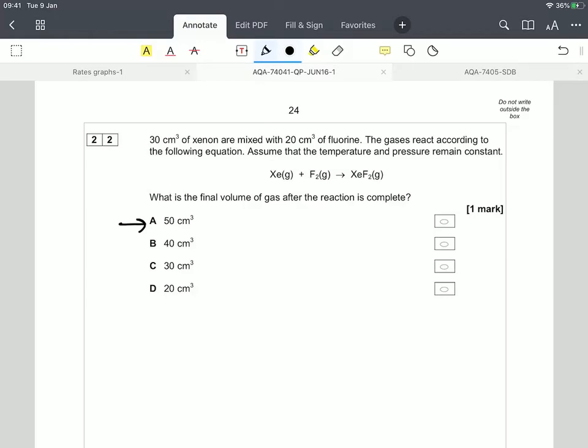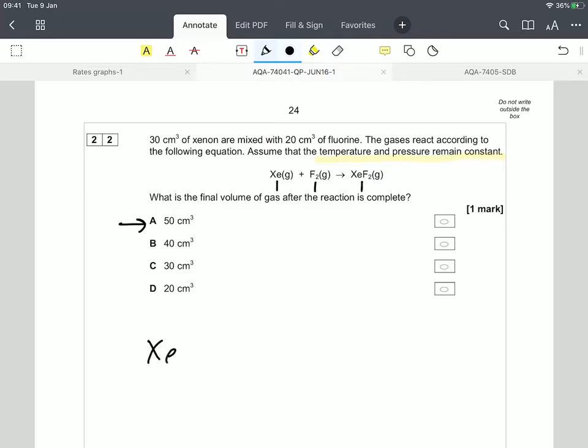The next thing is, let's get what we can from the equation, which is the molar ratio is 1 to 1, and the number of moles of the product is also 1. The reason that matters is, if you're assuming that the temperature and pressure of gases remain constant, then you can basically treat the volumes as you would treat numbers of moles.